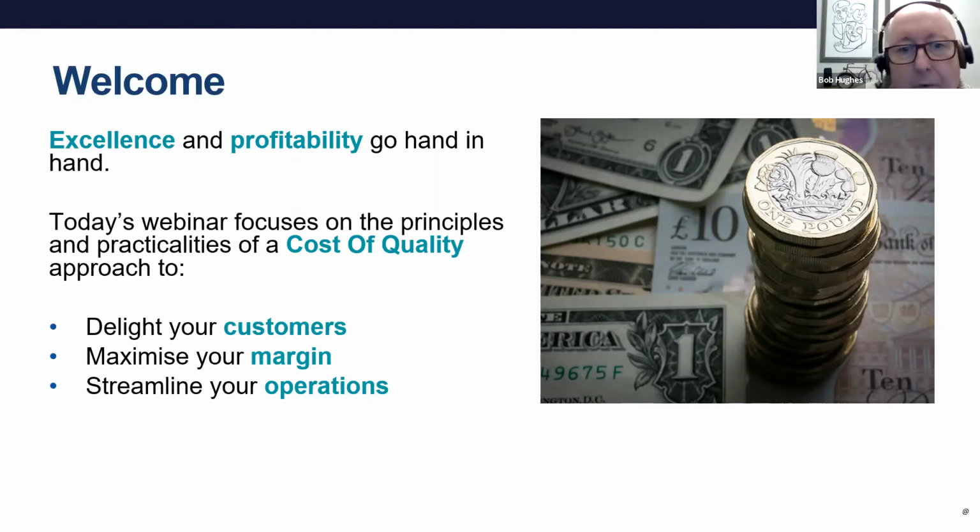It's going to be quite an interesting evening looking at cost of quality, but associated directly with the customer. We're looking at how we can delight our customers, maximise our use of resource and streamline our operational activity, so we get from an input to an output, that transformation of a requirement, right first time every time. That's our concept for this evening.